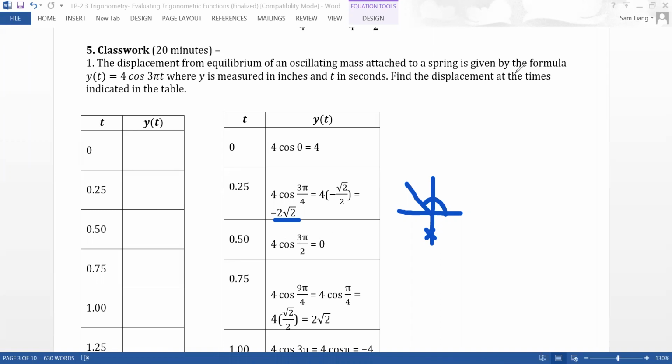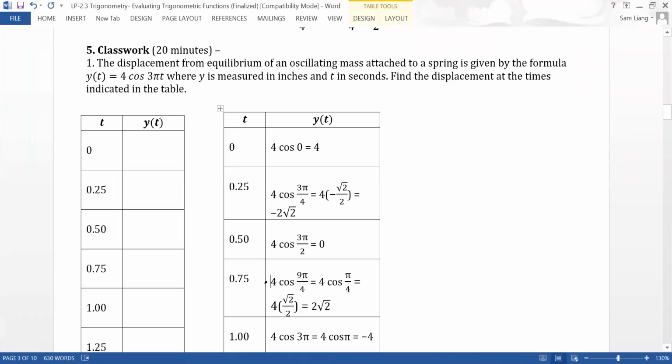Next we have 0.75, that's 3/4. So 3 pi times 3/4, that's going to be 3 pi times 3, which is 9, so 9 pi over 4.